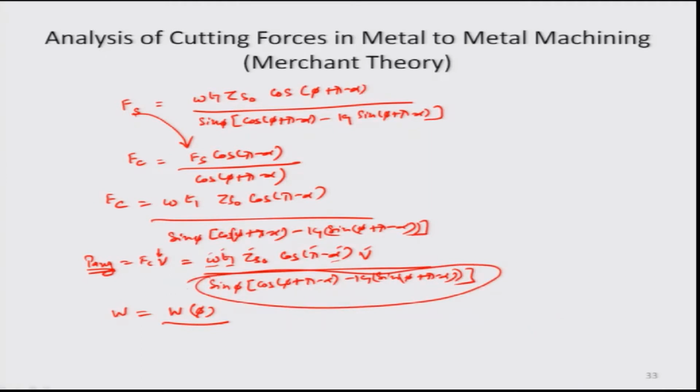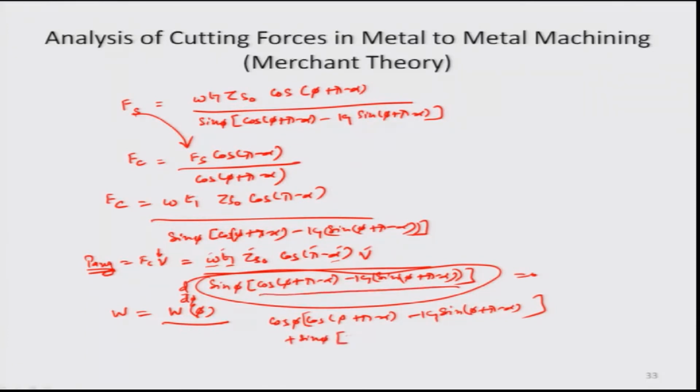So, I would just do the differentiation of this with respect to phi and equate that to 0. So, this becomes equal to cos of (phi plus lambda minus alpha) minus k1 times of sine of (phi plus lambda minus alpha) plus sine of phi times the derivative of this whole term here.